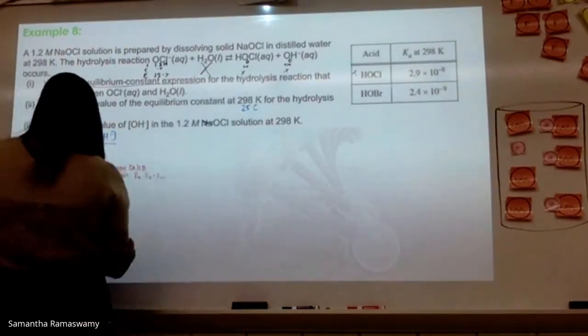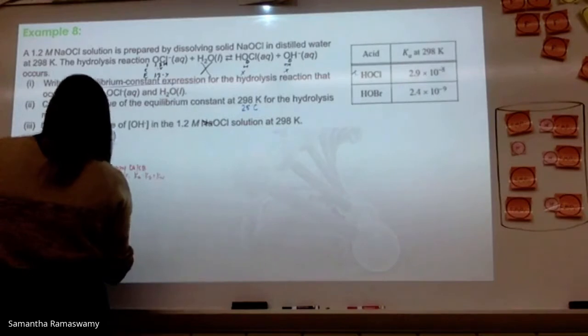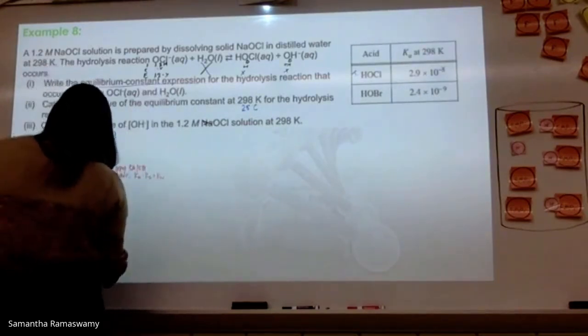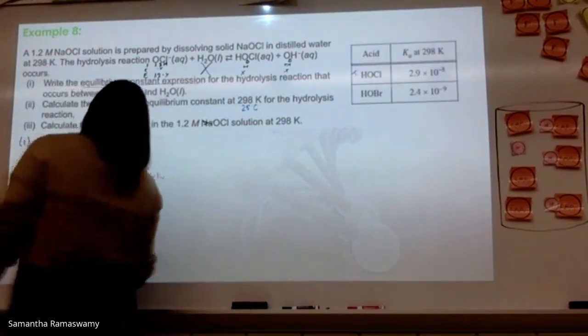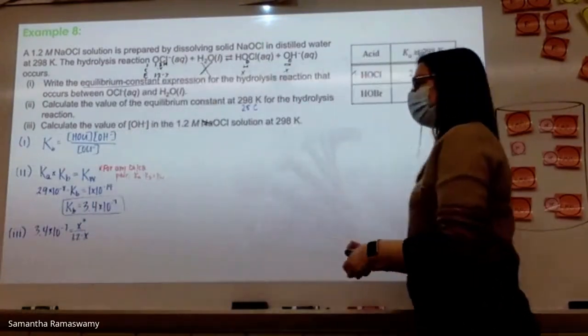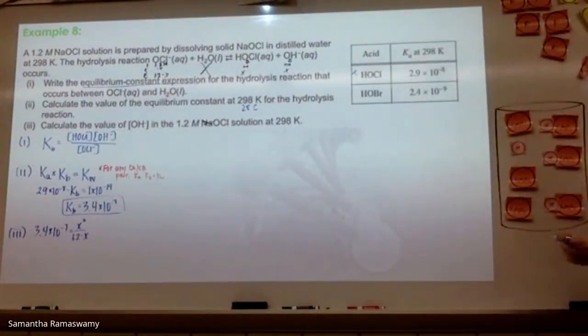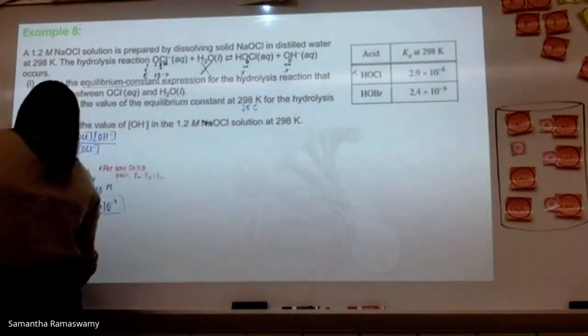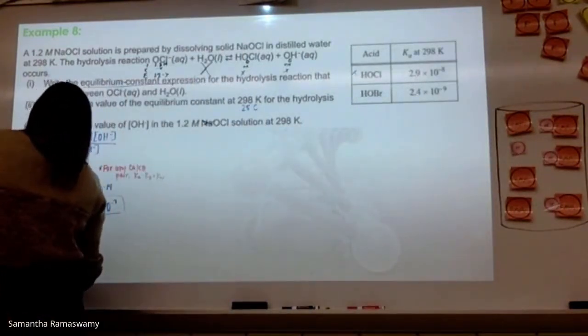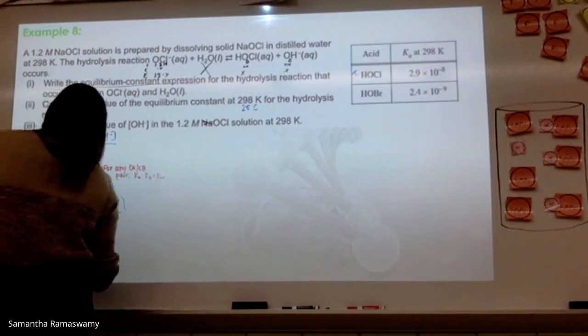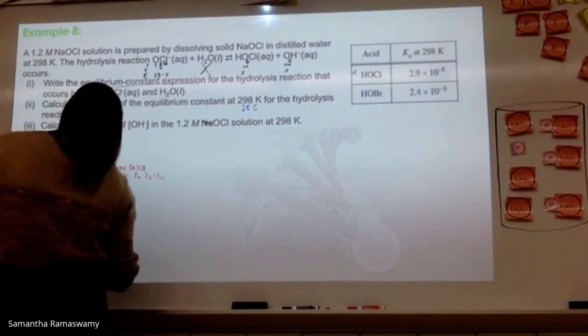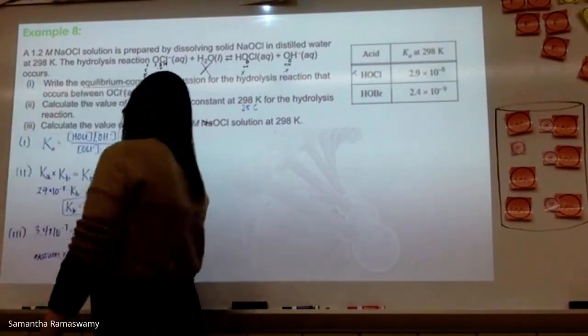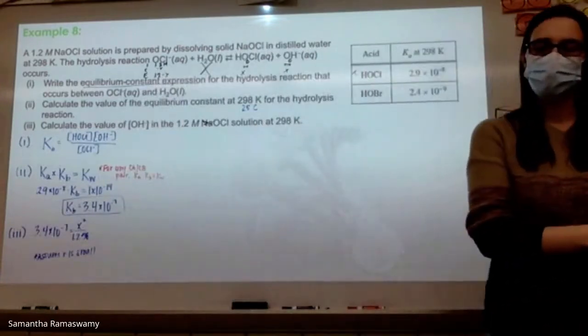Remember, if you make the assumption, write it down. So when I assume x is small, I can ignore that minus x.